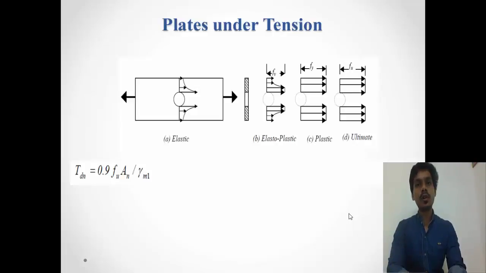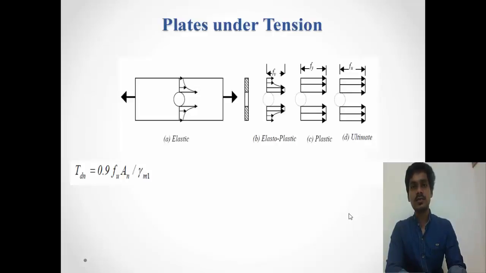Since only a small length of the member adjacent to the smallest cross section at the hole would stretch a lot at the ultimate stress, the overall member elongation need not be large as long as the stress in the gross cross section is below the yield stress.